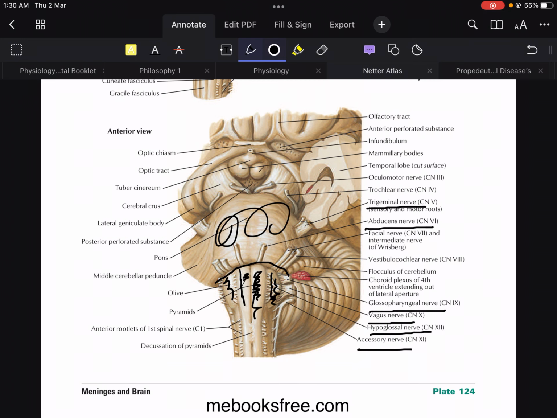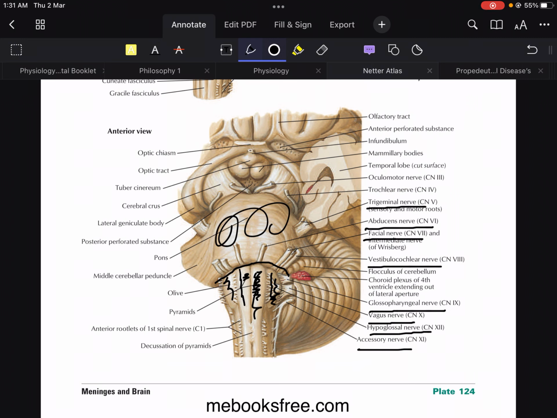The seventh one is the facial nerve, which exits from the lower border of the pons and the olive of the medulla oblongata. And the eighth one, the vestibulocochlear nerve, again exits from the lower border of the pons and the olive part of the medulla oblongata. So which nerves exit from the pons?